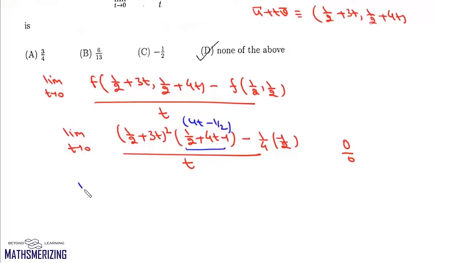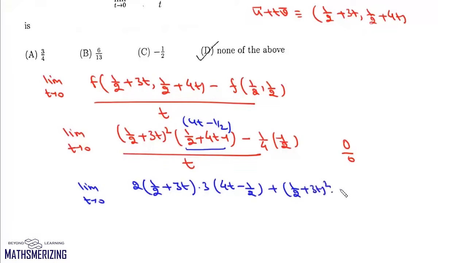Now we'll differentiate the numerator and denominator separately. We can write this as the limit as t tends to 0 of 2 into (1/2 plus 3t) into 3, into (4t minus half), and then plus (1/2 plus 3t) square into 4, minus 0 upon 1.